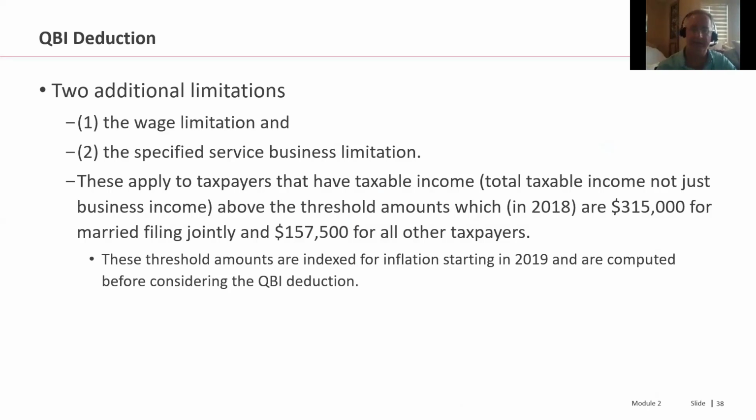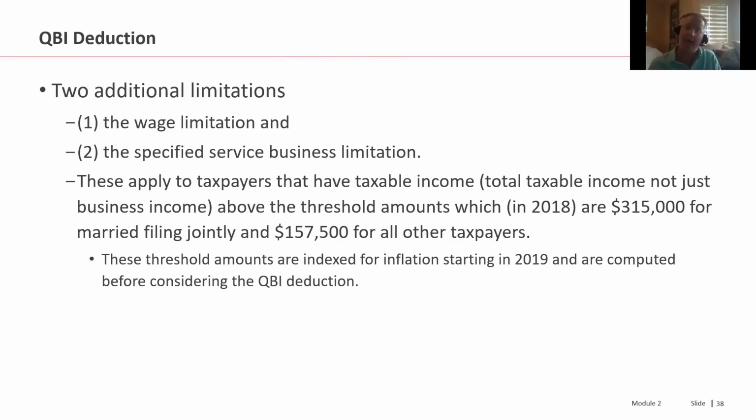So these two limitations apply to taxpayers that have taxable income, right? That's total taxable income, not just business income, right? Total income above threshold amounts, which are for 2018, $315,000 if you're married filing joint, and $157,500 for all other taxpayers.